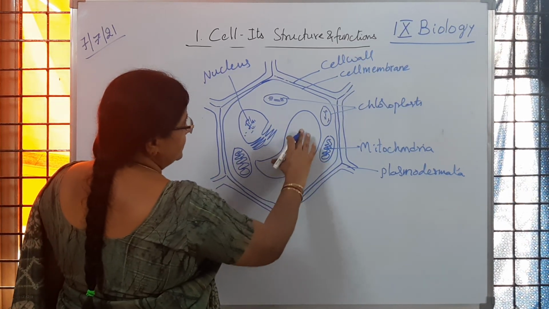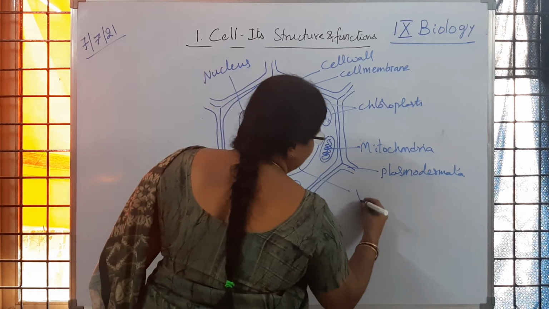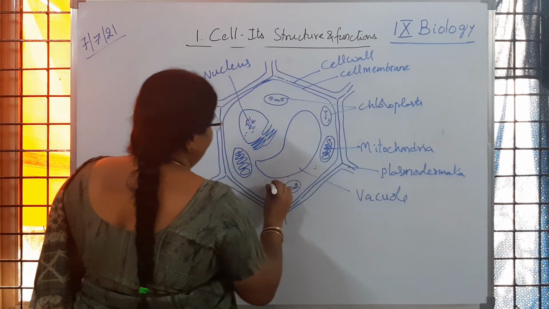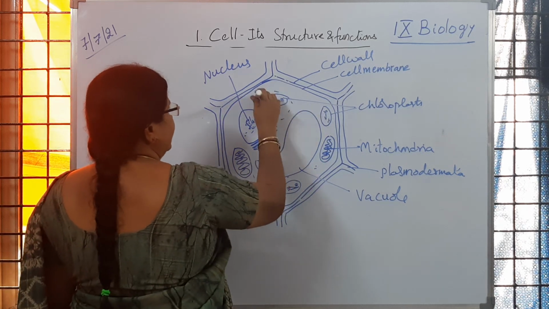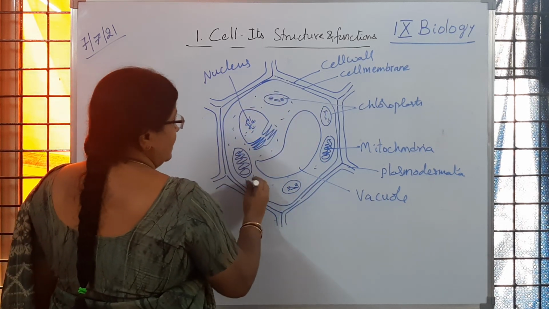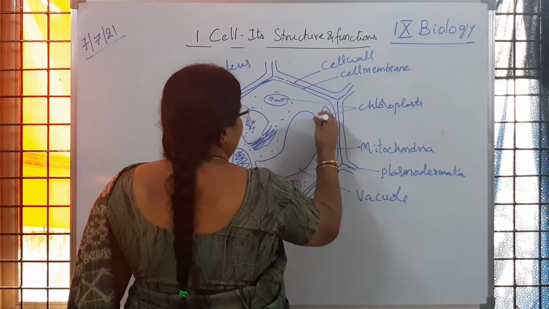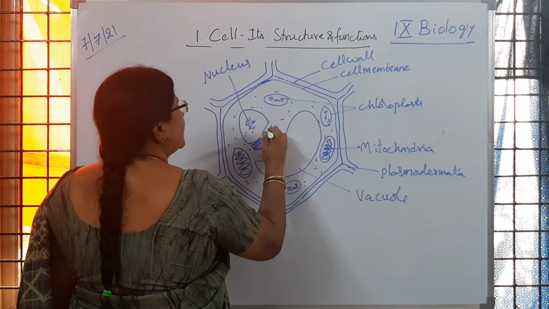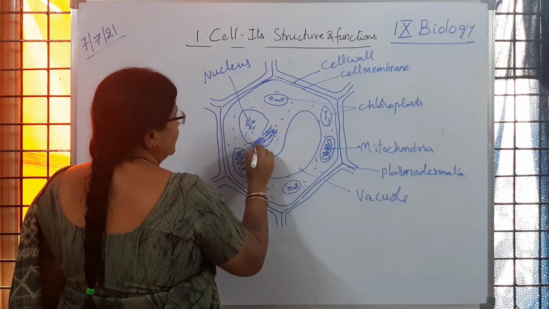This large empty space which you are observing is the vacuole, and all these cell organelles are present around it.